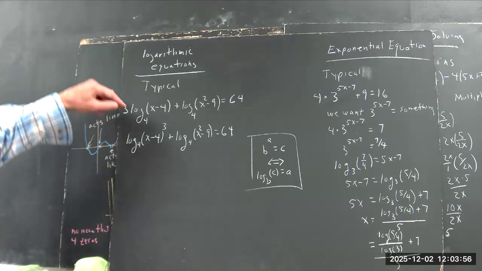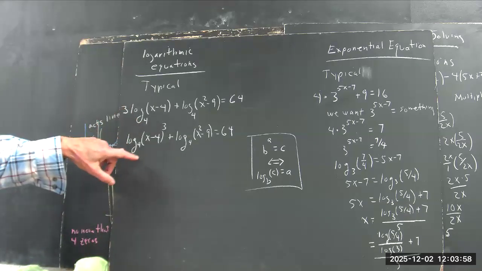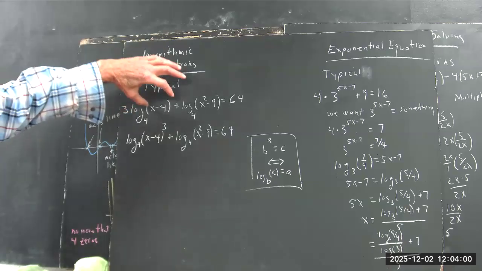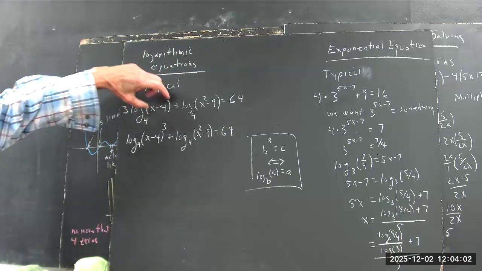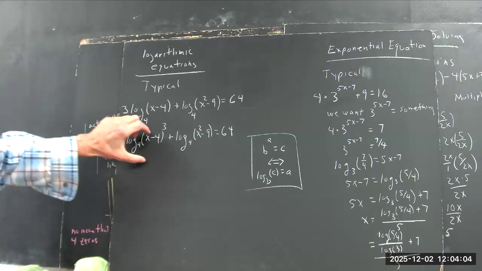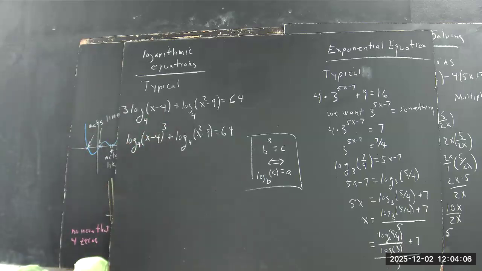Okay, so the first step is we want a log base 4 of something, not a number out in front, and that number out in front just becomes an exponent. That's the rule. Make sure you review the rules.